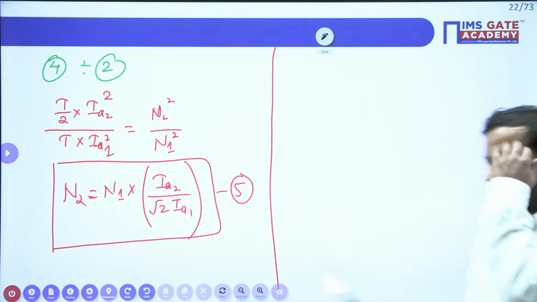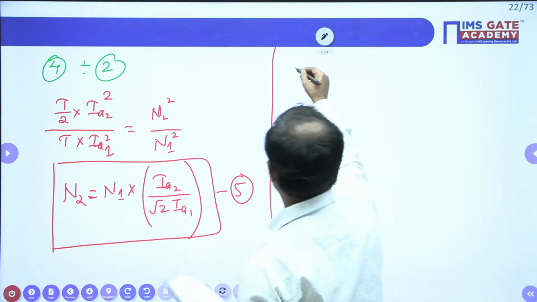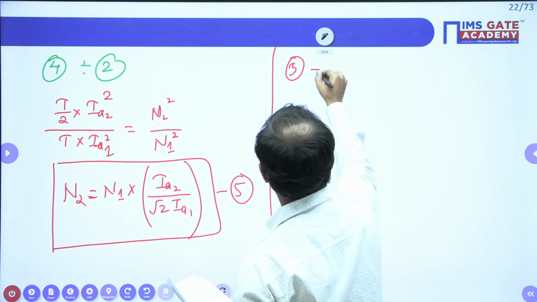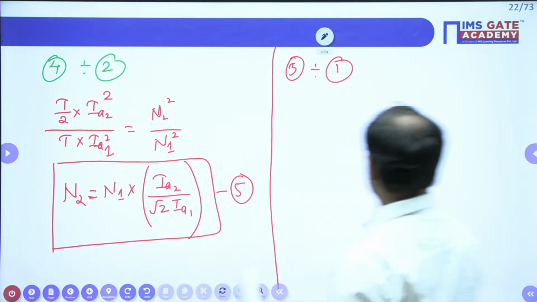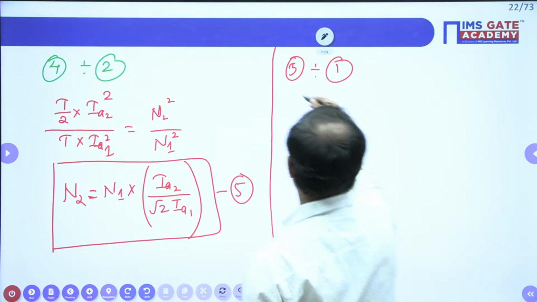Next, let us come to the EMF equation. So equation 3 divided by equation 1. What is in equation 3?